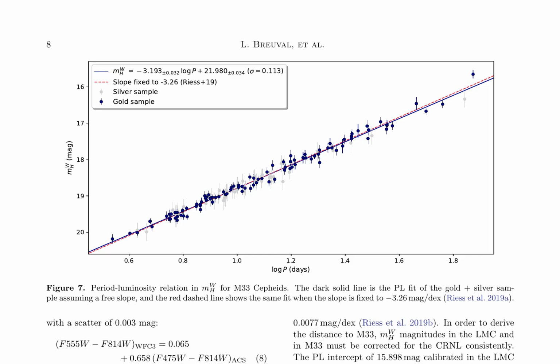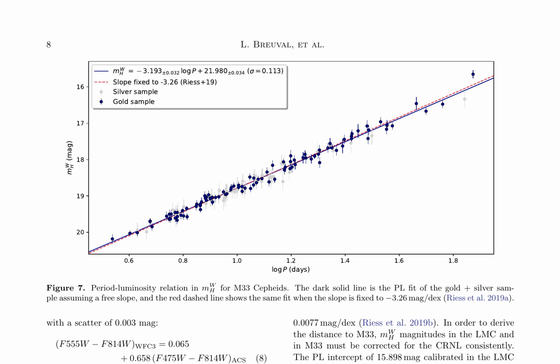This correction ranges between −0.005 mag and plus 0.008 mag, with a mean correction of 0.0007 mag and a dispersion of 0.003 mag. The period luminosity relation in MW_H for M33 Cepheids is presented in Figure 7.